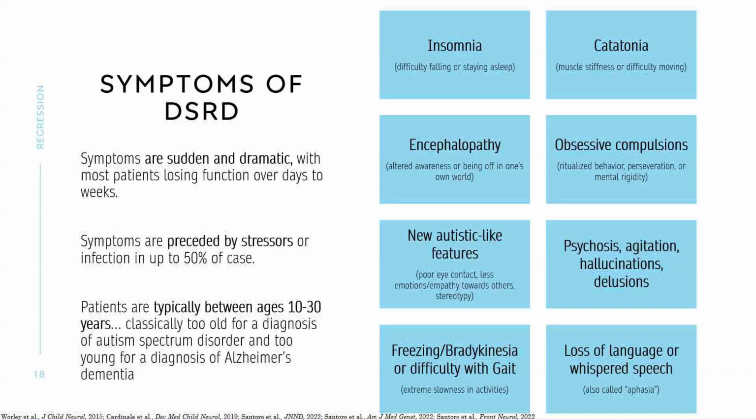Along with this, catatonia includes bradykinesia, or just this slow, lurching type of movements. There's often psychosis with agitation and delusions and hallucinations. There's a near complete loss of language or previous communication skills. And typically patients almost seem like they have a new and severe autistic phenotype where they just socially withdraw, refuse to engage with people that they consider their best friends, or seem even unlikely to recognize the people around them.